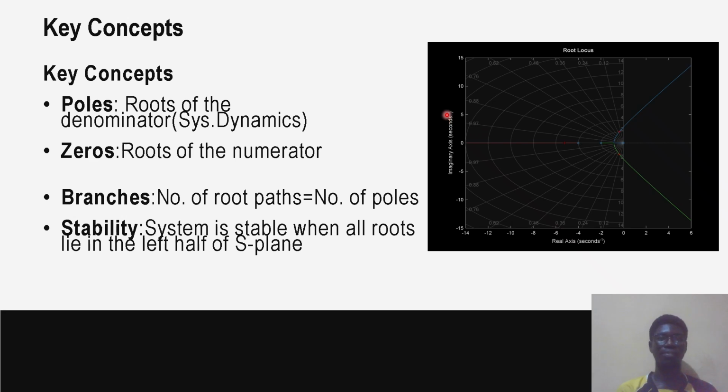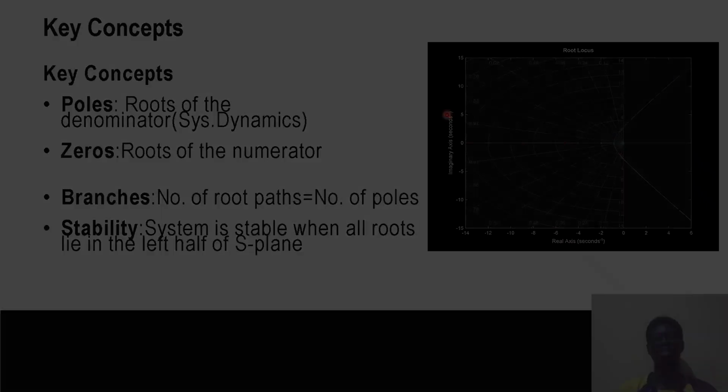Even if one root is found in the right half of the S-plane, the system becomes unstable. Also, as the gain increases, the roots or the poles move along certain paths, which can be described as the root locus.